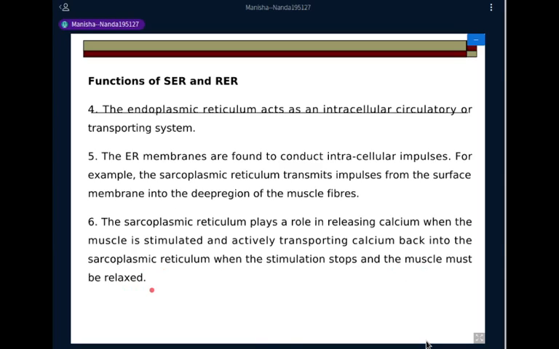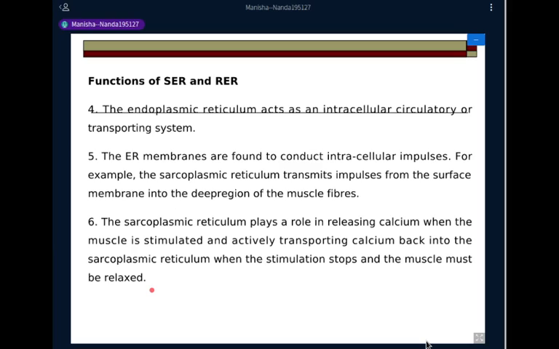Now, you know, muscle contraction is associated with the rise in cytosolic calcium concentration, right? So endoplasmic reticulum, apart from all its functions in transport and protein synthesis, also acts as intracellular reserve of calcium ions. So this means that apart from the calcium channels that are present on the plasma membrane, the cell can also raise the cytosolic calcium levels through release of calcium ions from the endoplasmic reticulum.